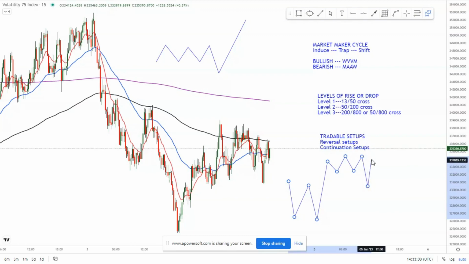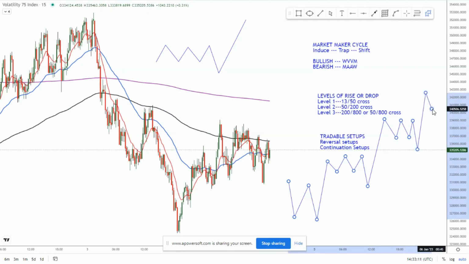Then we induce, trap, shift, then we get another consolidation, and then they trap, and then shift, and then we end in an M. So we started with a WVVM.